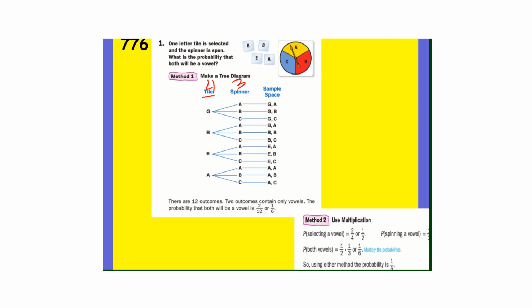What's the probability that both will be a vowel? We have 2 vowels here, the A and the E, and we have 1 vowel here. So 2 times 1 out of 12 outcomes is 2/12, and you can reduce that to be 1/6.